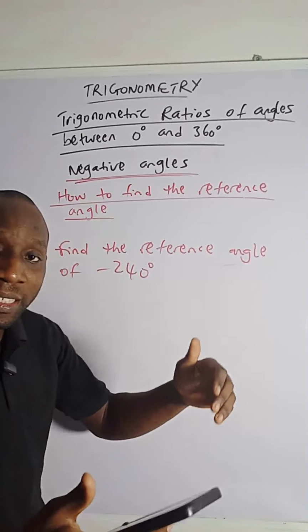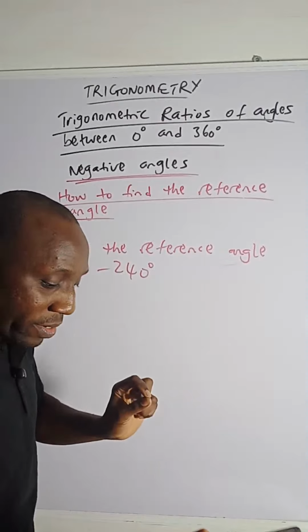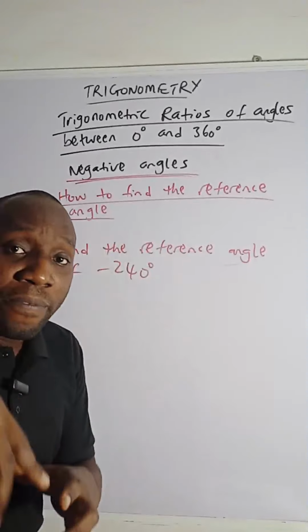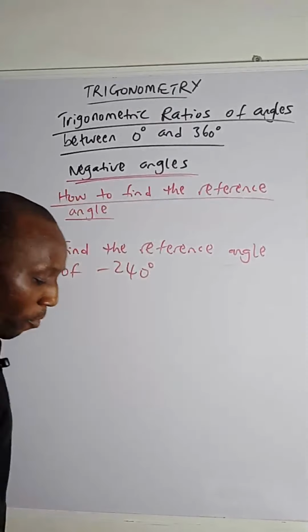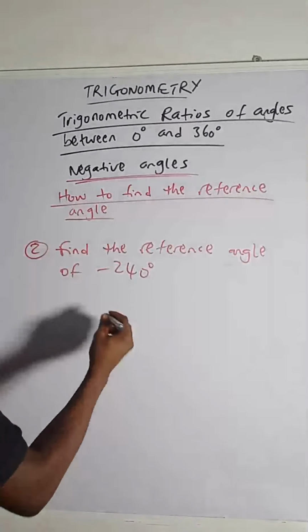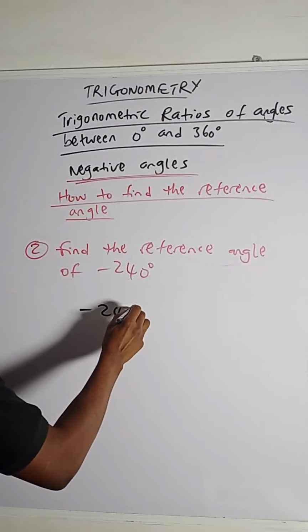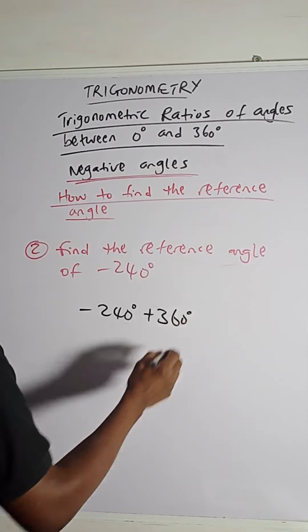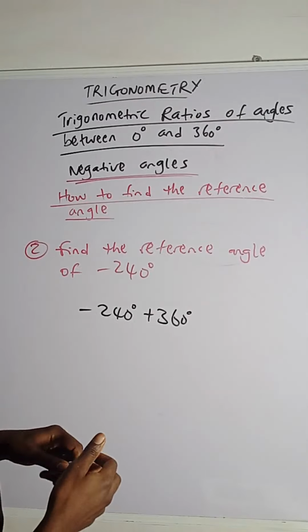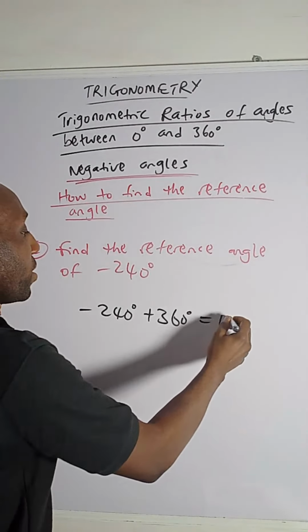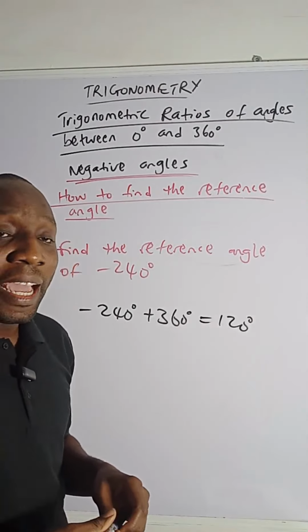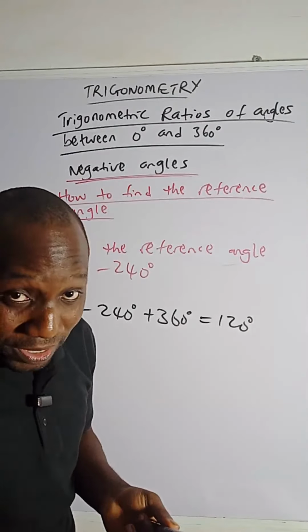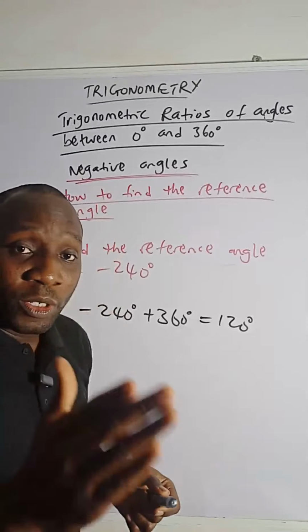It's a good thing you said 120 degrees, but that is not a reference angle yet. For most of you, what you did was add 360 degrees. Yes, you got 120 degrees. But you need to get the reference angle. Which quadrant does this lie in? Of course not the first, because the first is between 0 and 90 degrees.